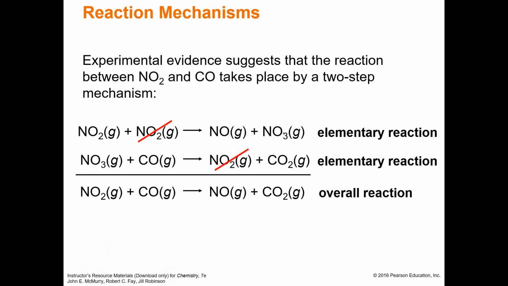We also have NO3 that shows up on the product side of one reaction and the reactant side of the other reaction, so we can cancel that out. If we add those together, that gives us our overall reaction.